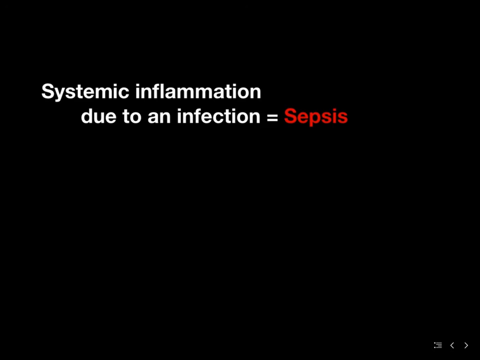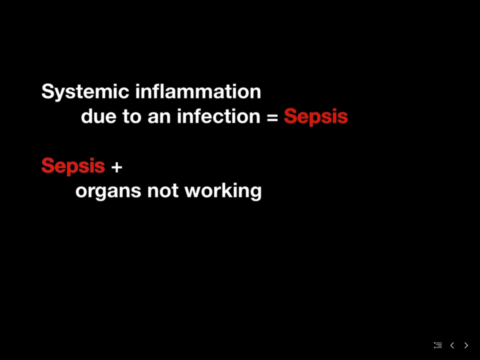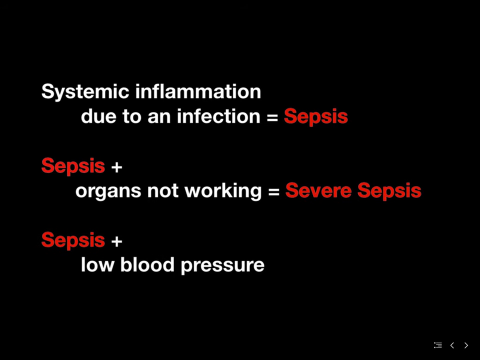There's sepsis, severe sepsis, septic shock. Sepsis is at its basic heart this notion of having systemic inflammation due to an infection. In some instances, sepsis progresses to the point that people's organs fail. When your organs fail or aren't working correctly, this is called severe sepsis. The most serious form of sepsis is when your blood pressure drops as a result. This we call septic shock.